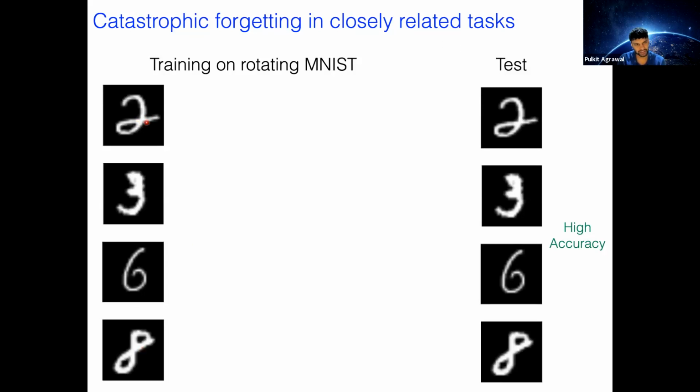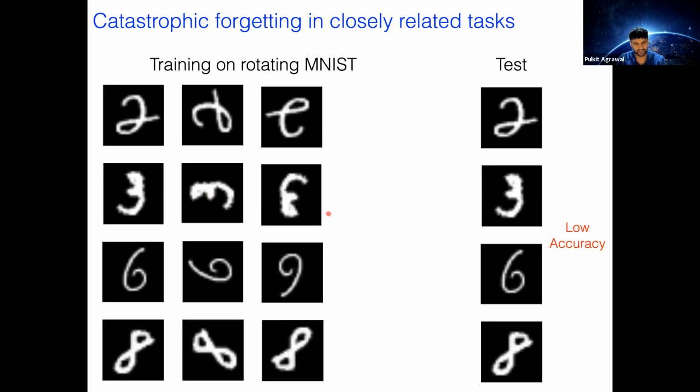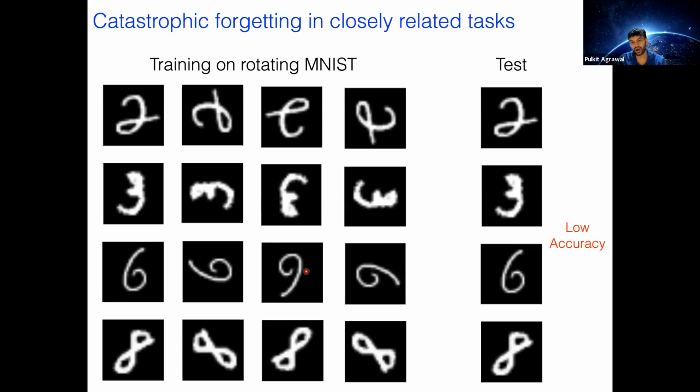So suppose this is my first task, and I'm going to test on the same task, I get high accuracy. But suppose now I rotate all the digits by 90 degrees. Now if I train on this task and I test on the first one, the performance ends up being very poor. So what I'm doing is I train first on this, I fine-tune on this, and I'm evaluating performance on the same 0 degrees. Similarly, I can rotate it by 90 degrees more, 90 degrees more, and so on.